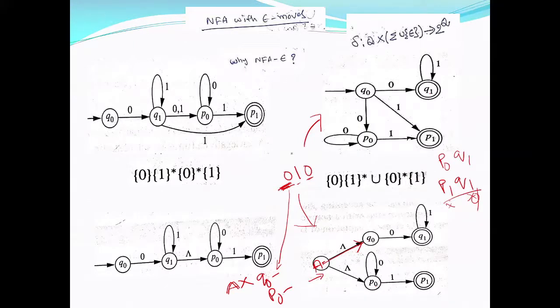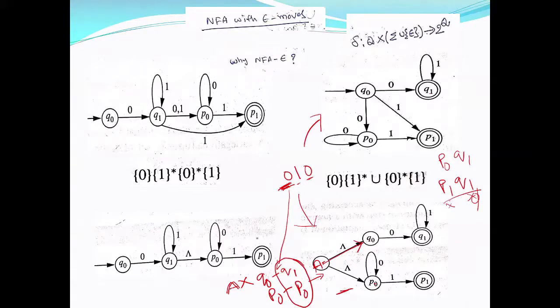So A on 0, no transitions. So A on epsilon, I'll go to Q0 and then take 0. Then what happens? Q0 on 0 goes to Q1. Then P0 on 0 goes to P0. Right? This is the choice of paths for this NFA epsilon on 0.